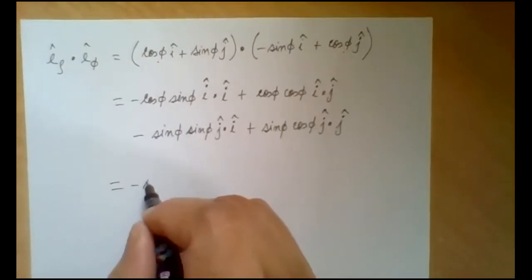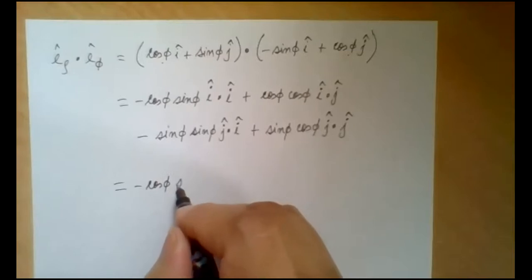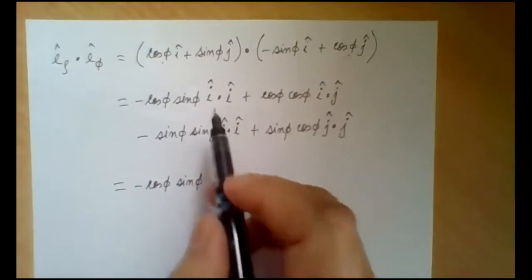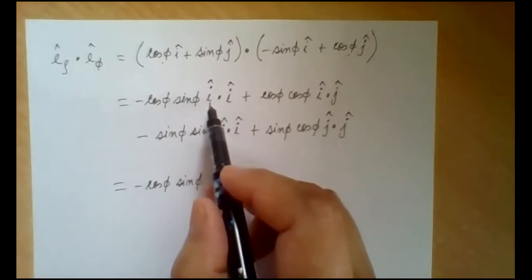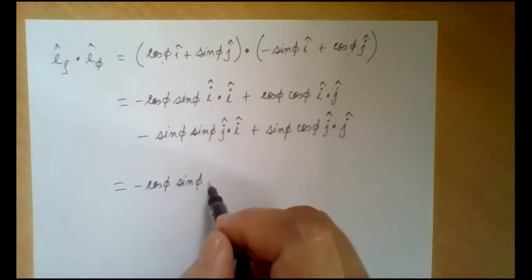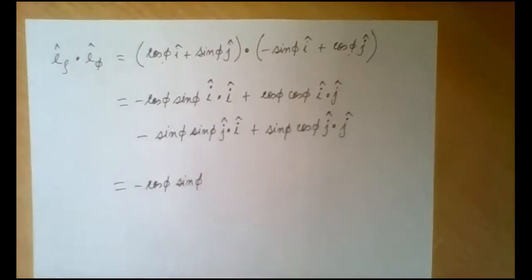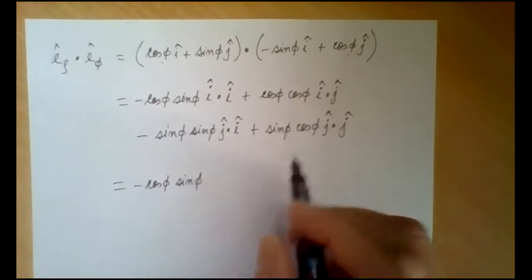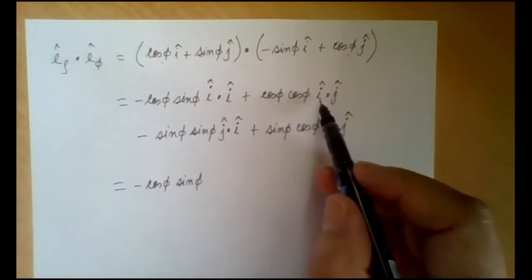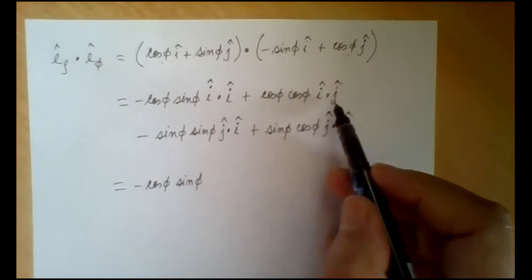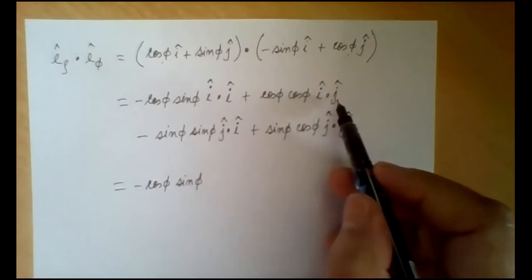So this is minus cos phi sin phi. What is the value of i hat dot i hat? The dot product of a unit vector with itself is equal to 1, so we don't need to write 1. Cos phi i hat dot j hat: i hat is a unit vector along the x-axis and j hat is a unit vector along the y-axis, so these two are mutually perpendicular.